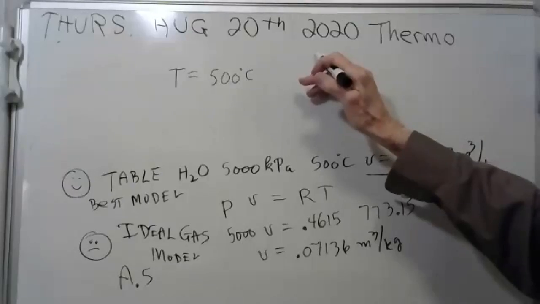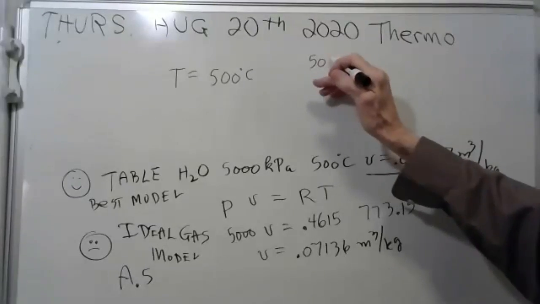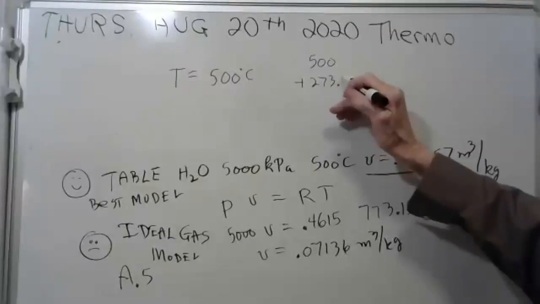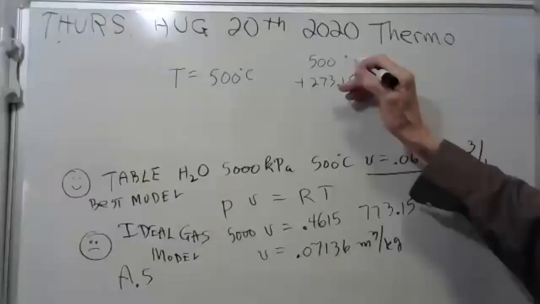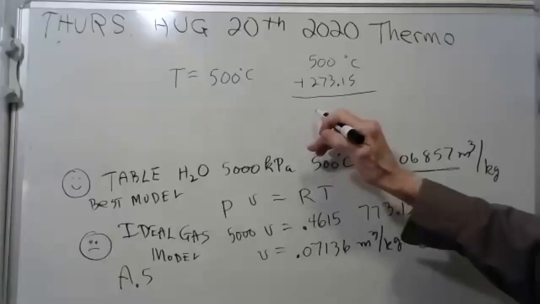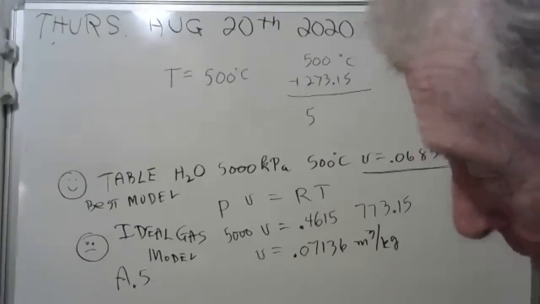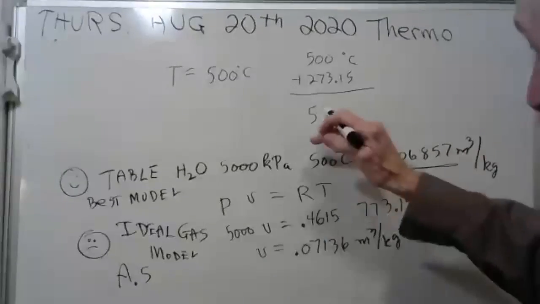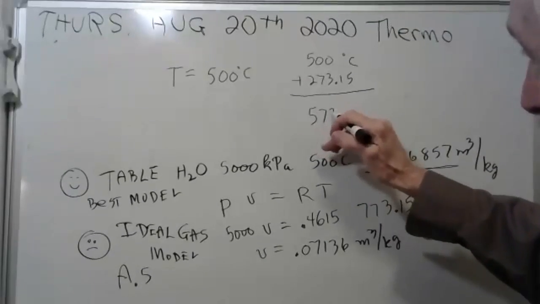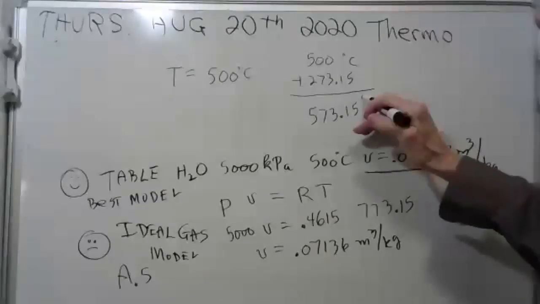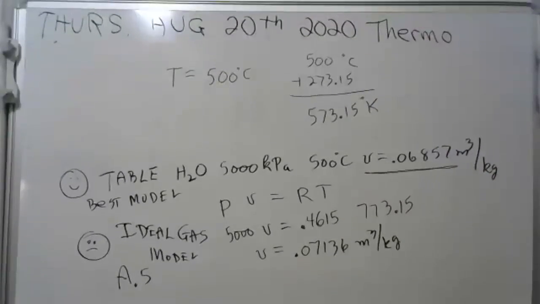If you take 500 and add 273.15, now see, that's Celsius. You get Kelvin. Not Kevin. Kelvin. Excellent. 573.15. There we go. We've got degrees Kelvin. That's where it came from.